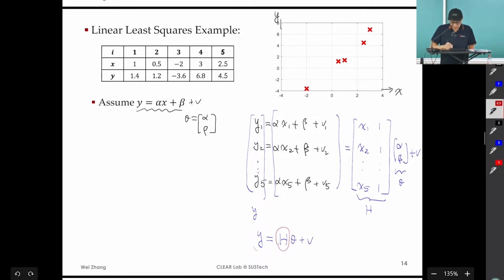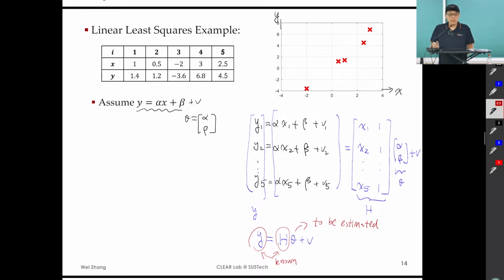I know y, and h is known. Theta is to be estimated. So I have y equal to h, which is known, times theta, which is unknown, plus some noise, because I don't expect an exactly linear relation. And I want you to estimate what theta is.